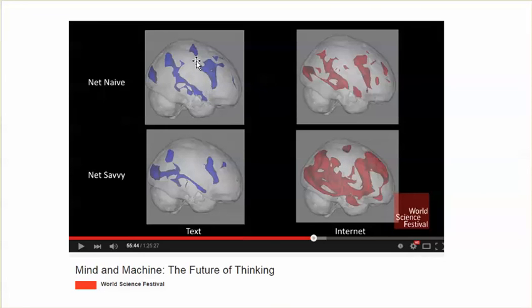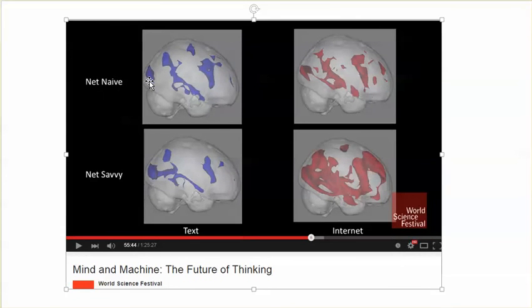Some areas, quite good, isn't it? So some imagination happened, and the frontal cortex, some sort of organization and interpretation. Here memory and reconstruction areas, and God knows what these other things are, I can't remember. But a lot of emotional work and so on, quite good. Now they took a person who was net savvy and made the brain scan of this person when that person was reading the same text.